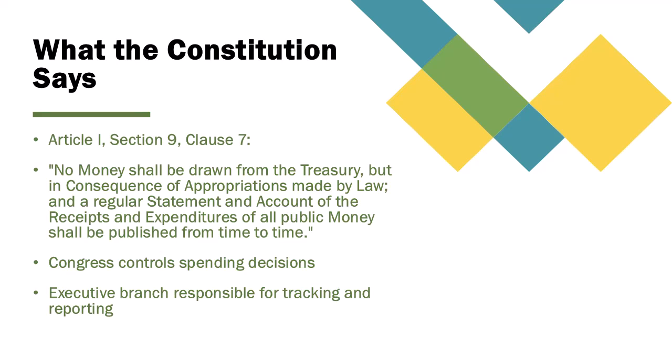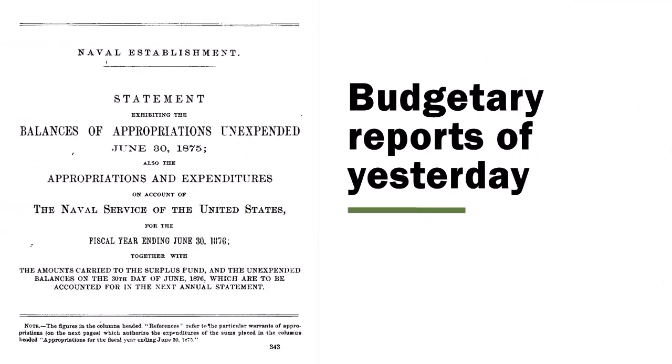So before we get into where we are now, let's look back at where we came from. I want to look at a report from the Navy in 1875, specifically the statement exhibiting the balances of appropriations unexpended. So even back then, they tracked budget information.